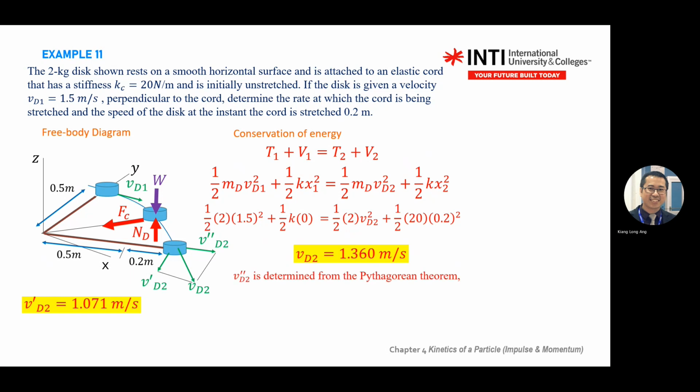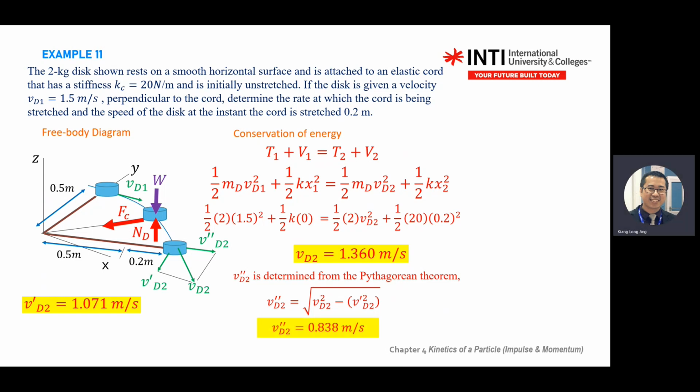Then with trigonometry, you have the resultant, you have the tangent direction, and you have the angle direction. So this one squared equals this one plus this one. This one is missing, so you take the minus. Substitute, you get the second one. Okay, this is how you solve question 4.